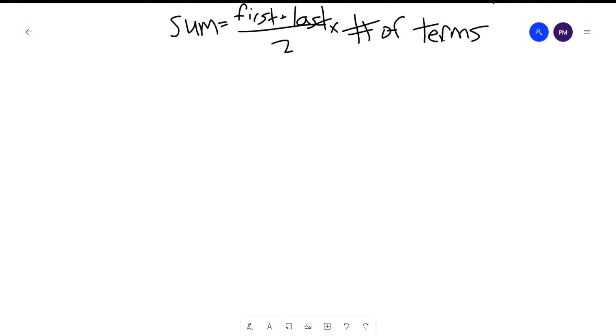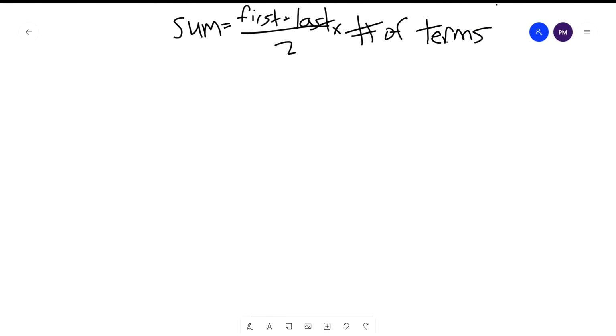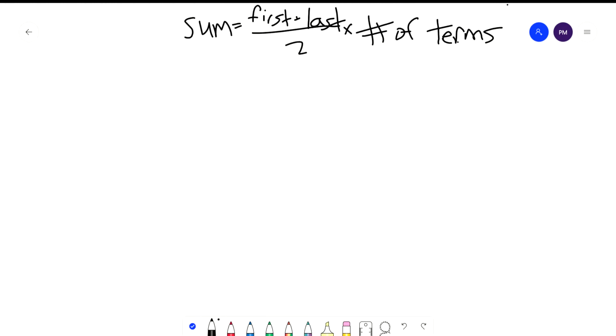Okay, so we got arithmetic sequences out of the way. Now let's move on to geometric sequences. So we have a geometric sequence, for example, 4, 12, 36, 108, and 324.